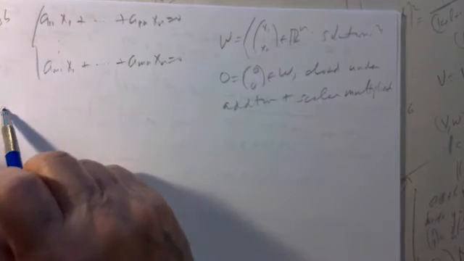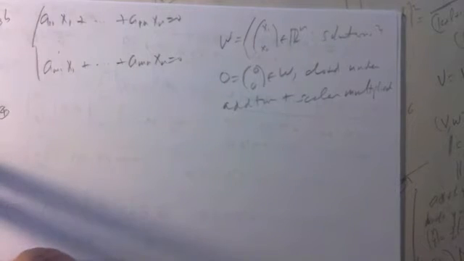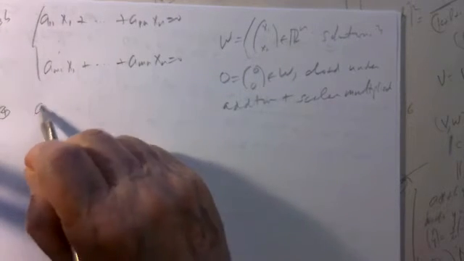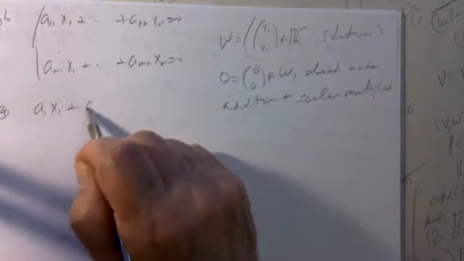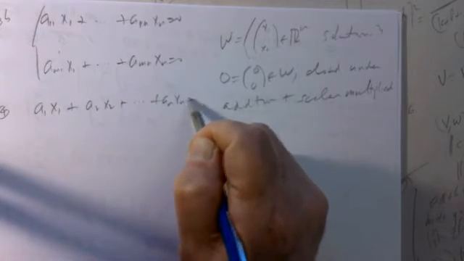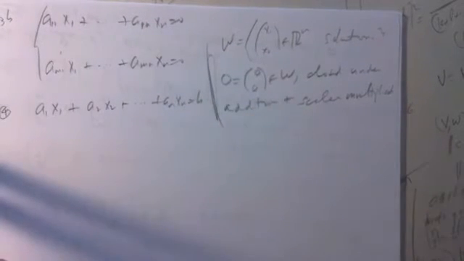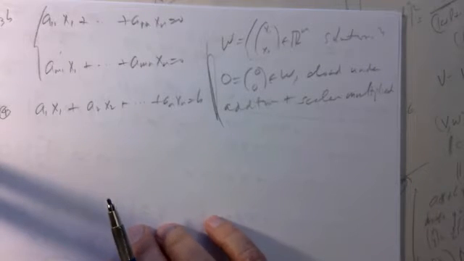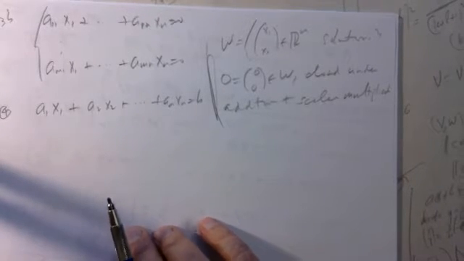And problem 4 is to prove that if you have simply one inhomogeneous equation, that it's an affine subspace, so long as there's at least one solution.